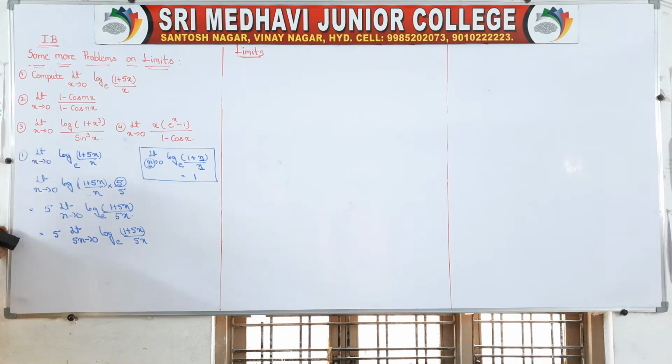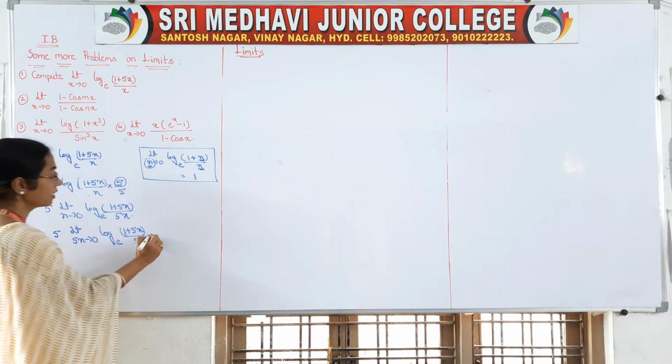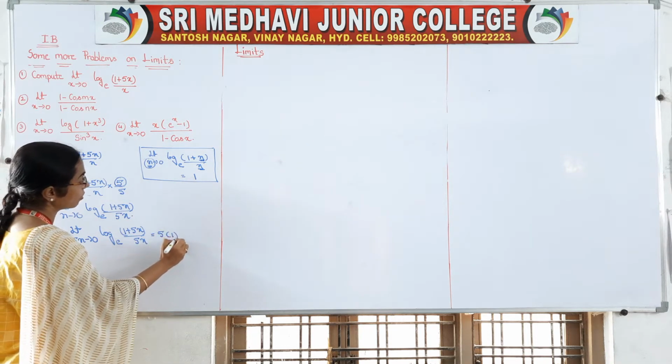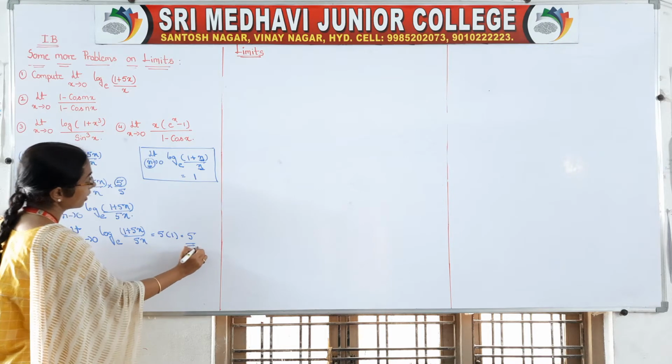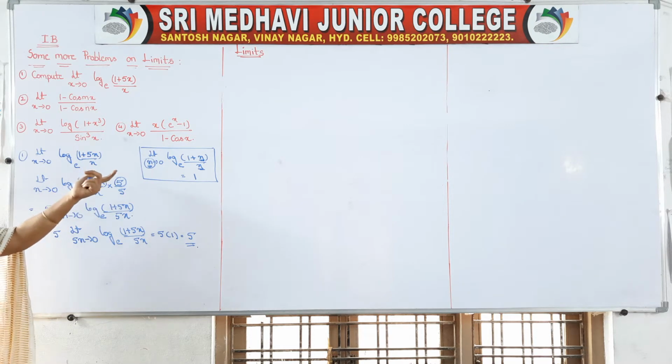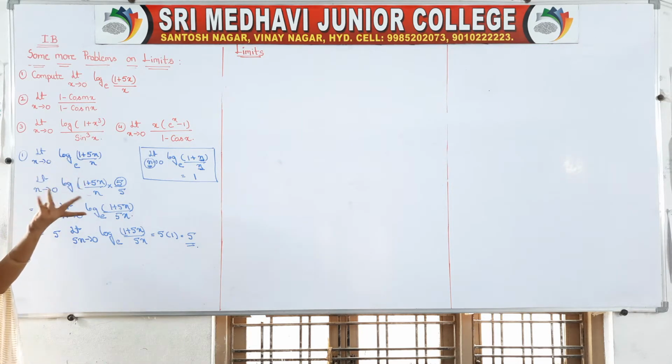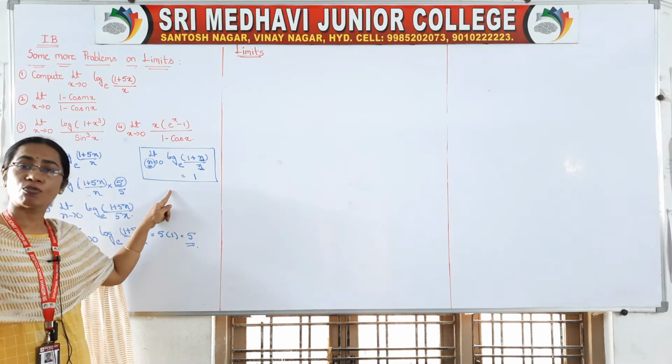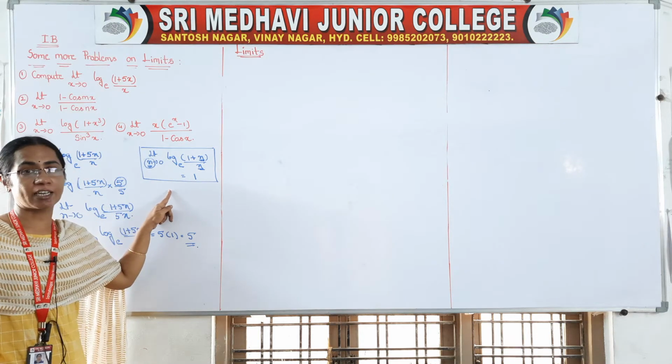Now it is exactly in your formula form, isn't it? So 5 into 1 is equal to 5 is the answer. If you know that formula, you can within seconds adjust your question according to that formula and you will get the answer. If we don't know the formula, we can't solve it. So that's why practice the formulas also perfectly.